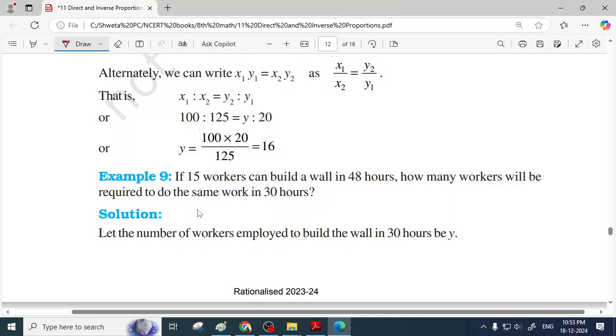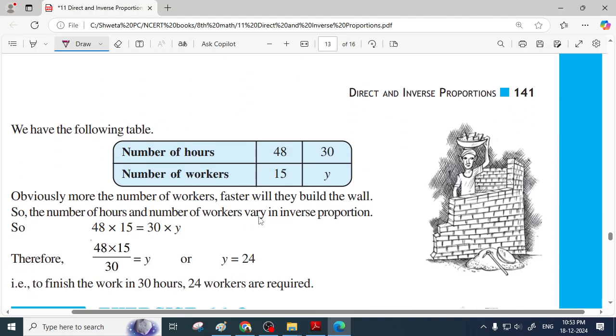If 15 workers can build a wall in 48 hours, how many workers will be required to do the same work in 30 hours? Now the time required decreases. Therefore, to build the wall in lesser time, we have to increase the number of workers.